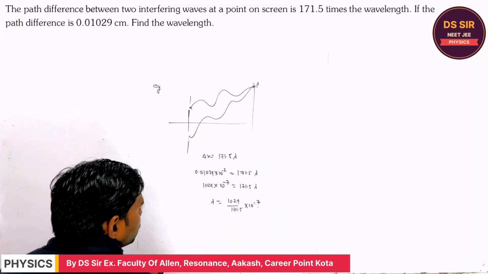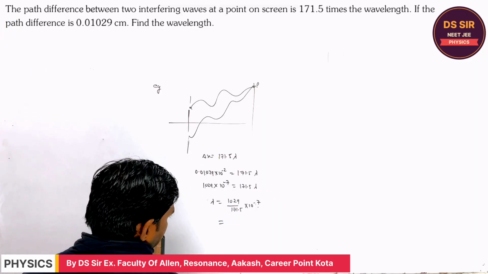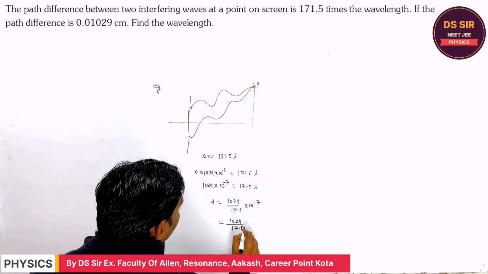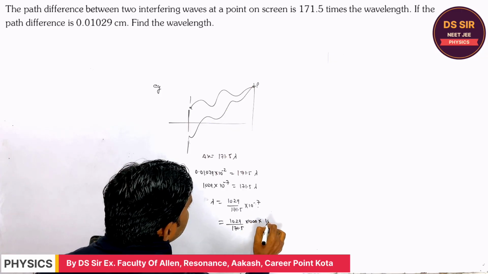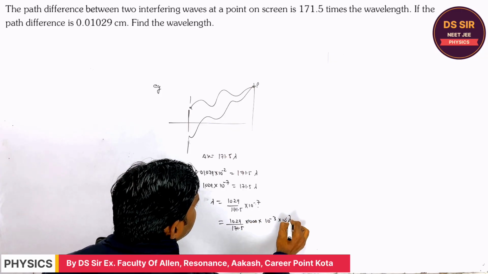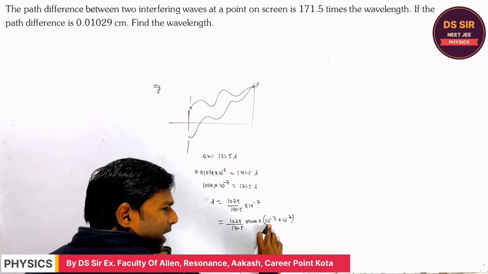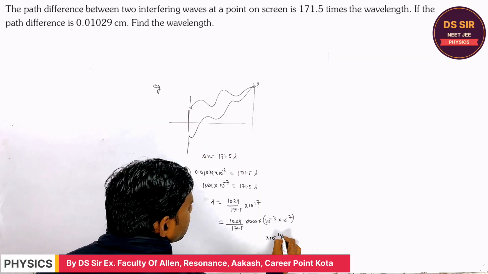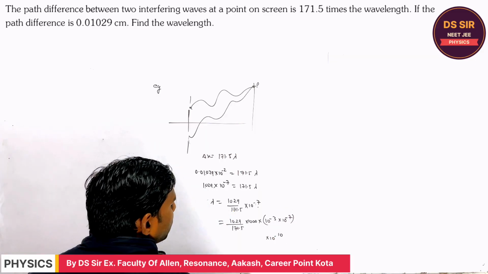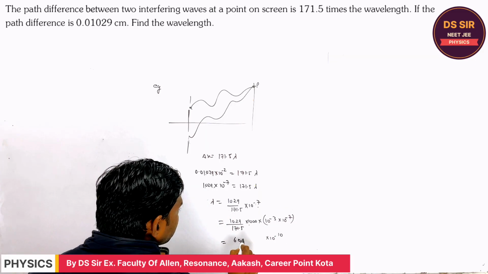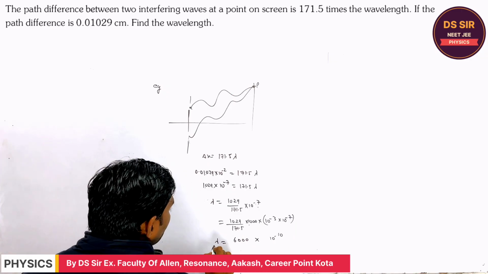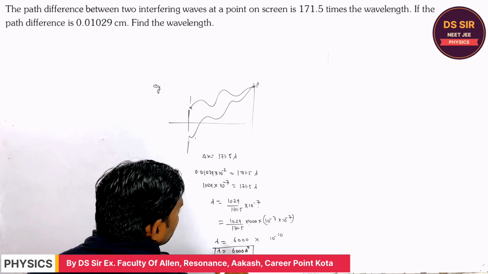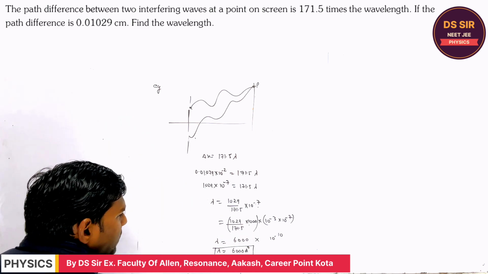So when you multiply by 1000 and divide by 1000, minus 3 and minus 7 become minus 10. And when you calculate, it comes to be 6000. So the wavelength of this light is nothing but 6000 angstrom. Is it clear or not? You can simplify this, you will get 6000, right?